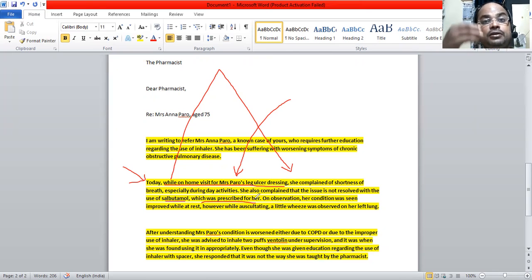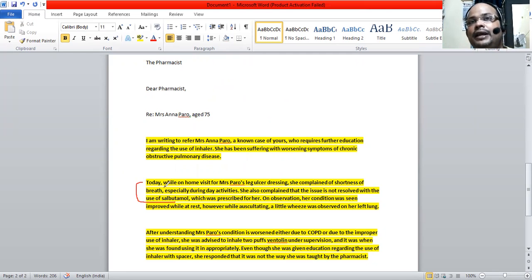She reports that this particular issue, the shortness of breath which she feels, is not resolved. She observes herself and she reports to you that the problem is not resolved with the use of salbutamol. So these two things are subjective data.